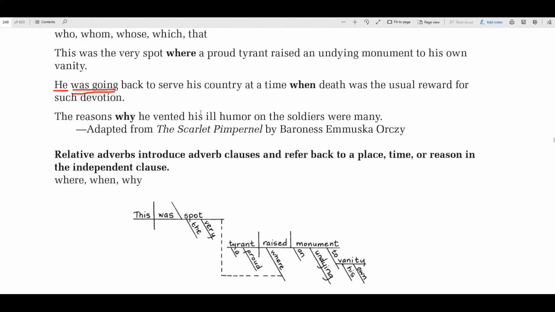Now to serve, now to is a preposition, but to serve his country, I believe this is a prepositional phrase.